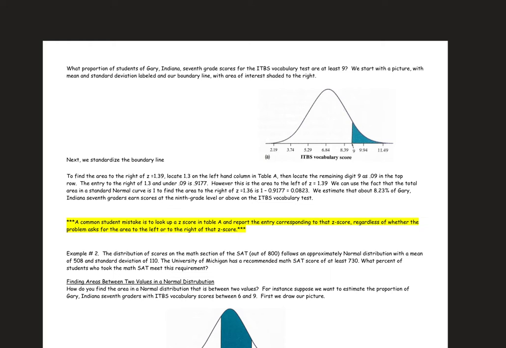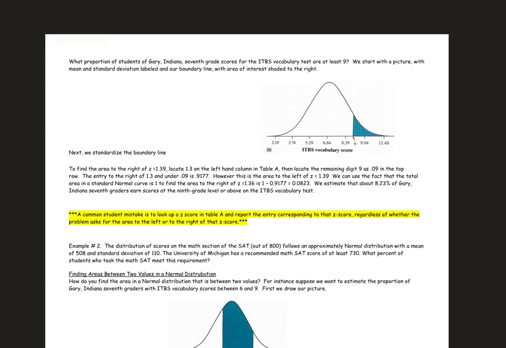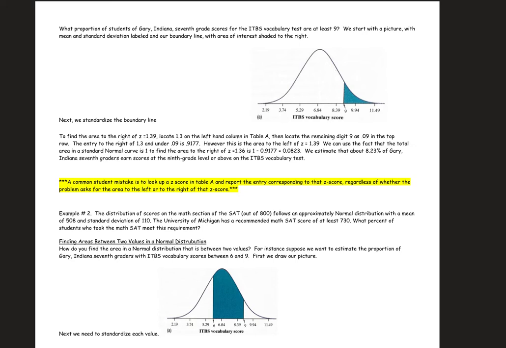And we're curious, okay, what proportion of students then are scoring above the 9th grade level, right? So because it's an above, or greater than problem, we'll need to do 1 minus. So we start with the picture, with the mean and the standard deviation, our boundary line, and then we shade the area to the right. After we do that, we then need to standardize that value.